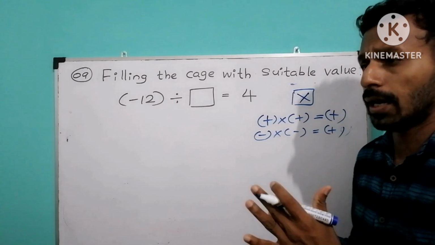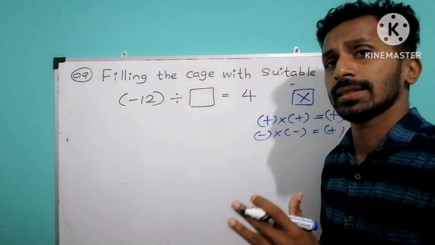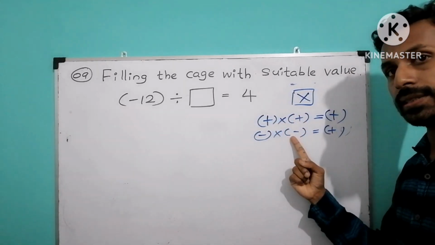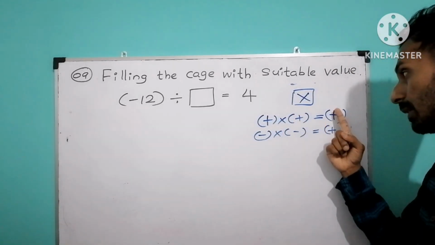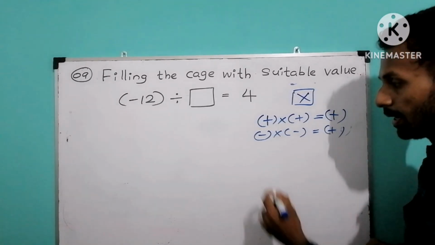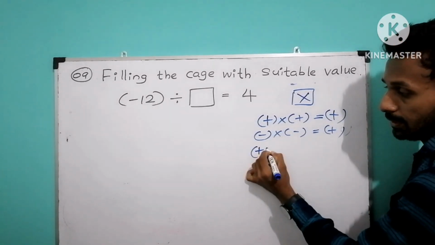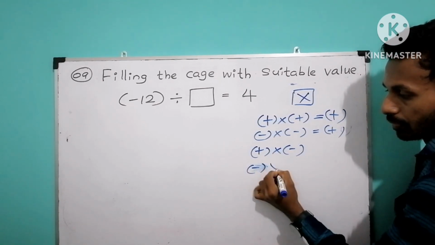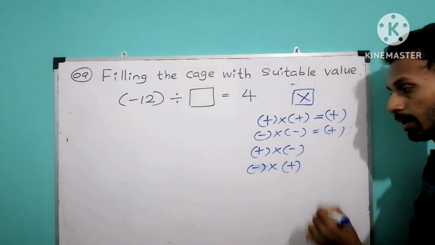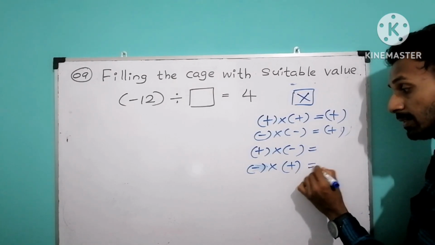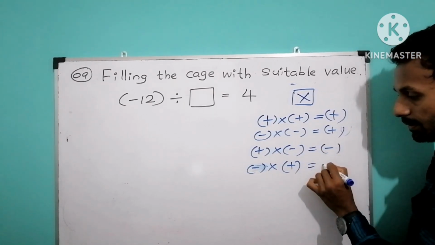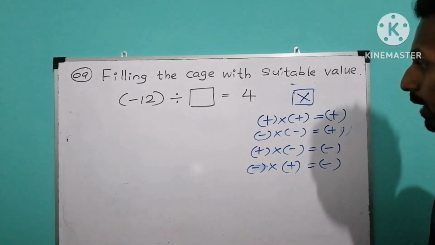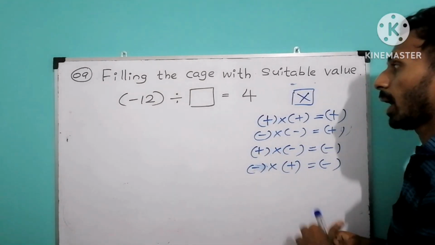We say if multiplying two directed numbers with the same signs, plus plus or minus minus, the sign of the answer is plus. Then when we multiply plus into minus or minus into plus, the sign of the answer is minus. It is very easy to find.